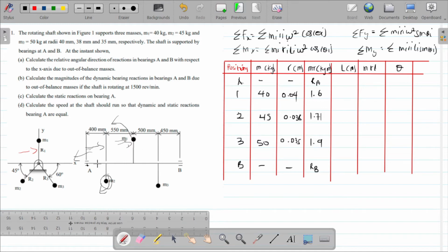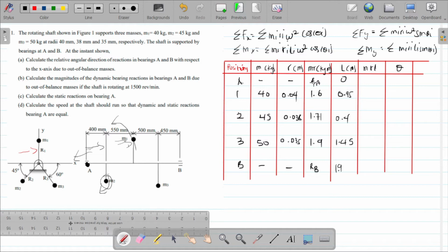So if you take a moment at A, the moment arm for A will be 0. For mass 1, it's 950, which is 0.95. Mass 2, 0.4. Mass 3, 1.45. And then RB will be 1.9.